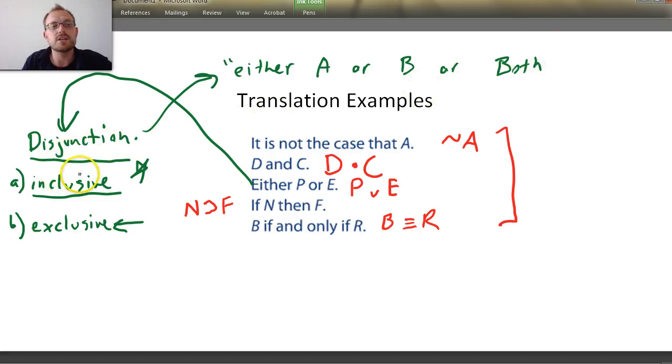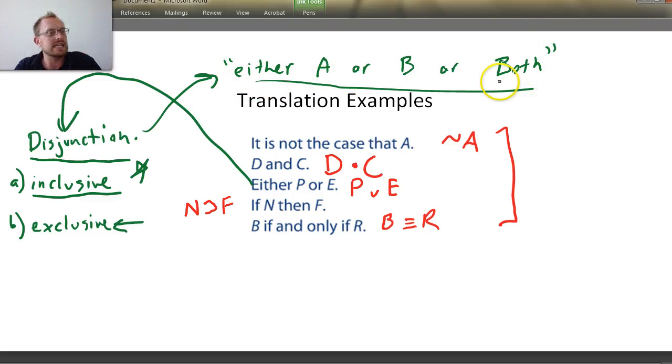Which means that when anyone says either P or E, we're going to say that means that either P is the case, E is the case, or both of them are the case. And we'll probably talk about that a lot more in the next video, but I at least want to lay those cards on the table for you right now, because that may be a question that's sort of popping up in the back of your head.